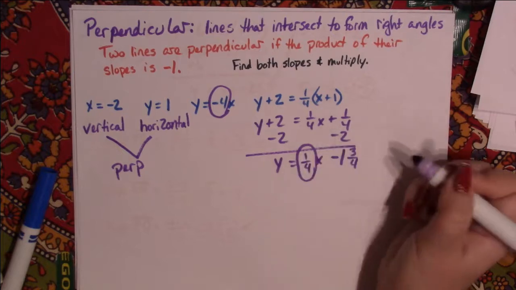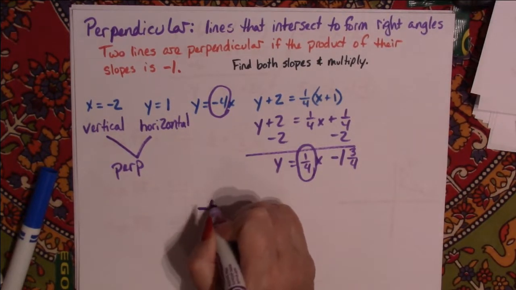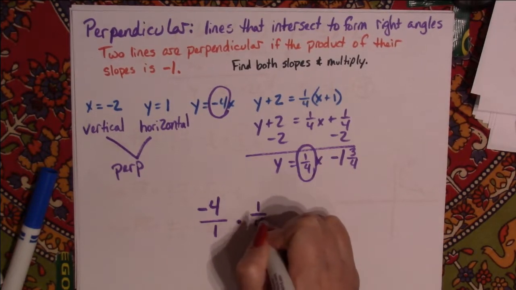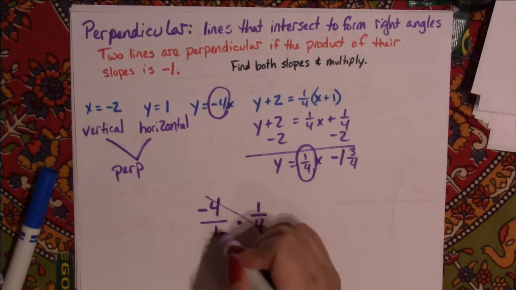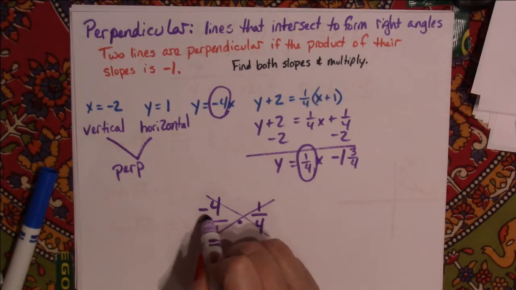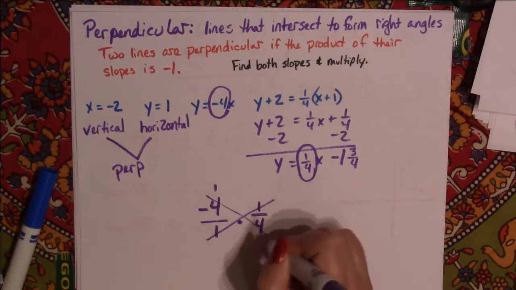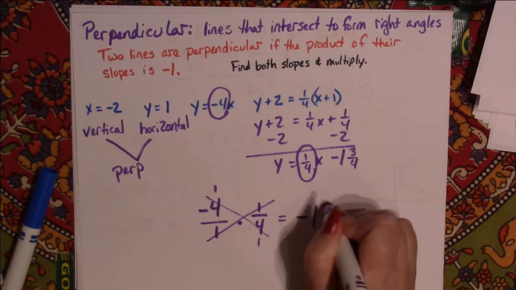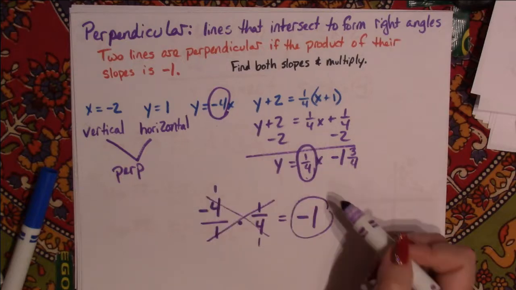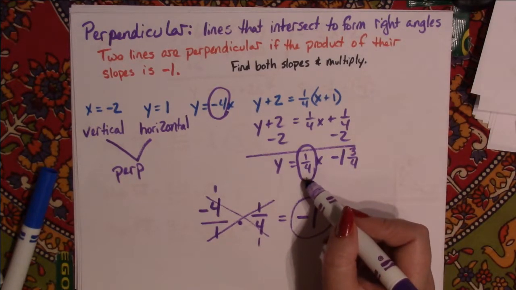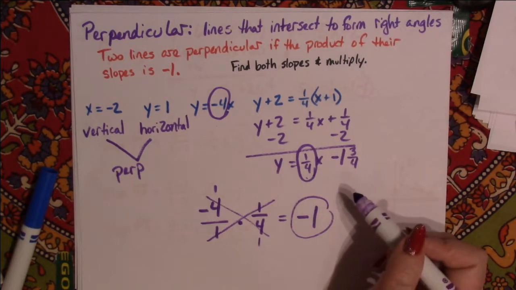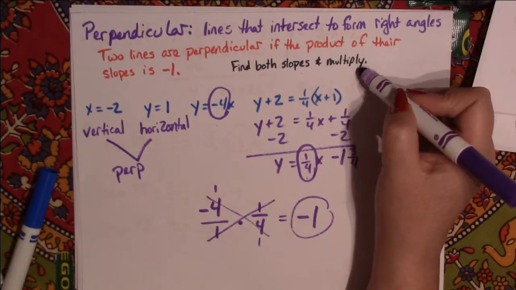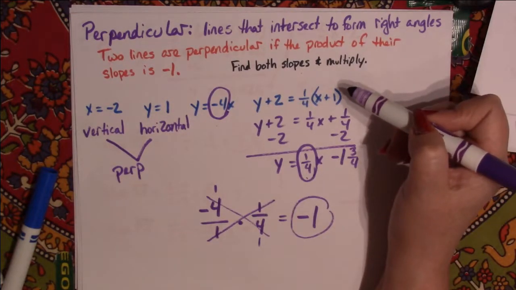So 1/4 here, if we said -4, and it's the same as 4 over 1, times 1 over 4, these two cancel each other out, and these two cancel each other out, and essentially 4 divided by 4 is 1, and 4 divided by 4 is 1, and I end up with an answer of negative 1. So these are opposite slopes, which makes these two lines perpendicular. So you have to find both slopes and then multiply them together to get your answer of negative 1.